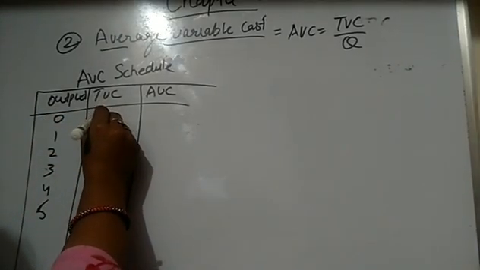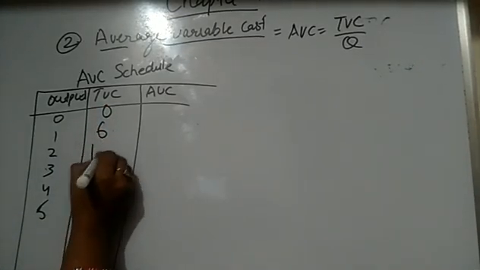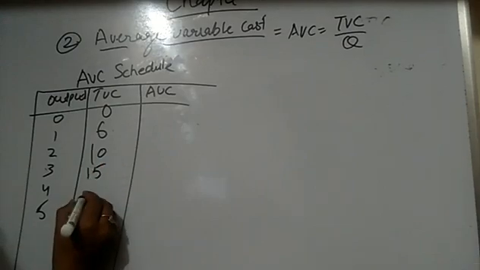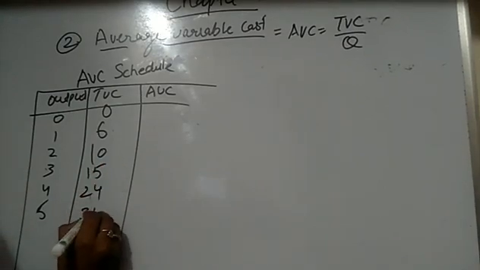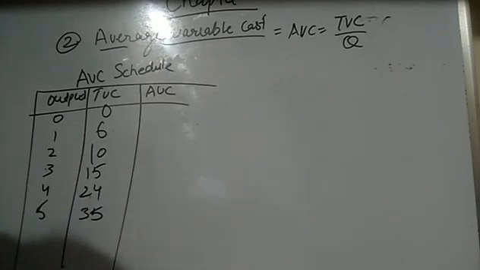Total variable cost is 0, 6, 10, 15, 24, 35. So students see, when output is 0, total variable cost is 0. So no variable cost is paid. What is variable cost? Variable cost means the payment of wages and the purchasing of raw material. So when no output is there, no total variable cost is there.